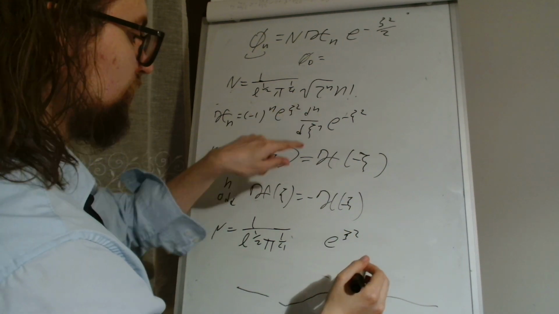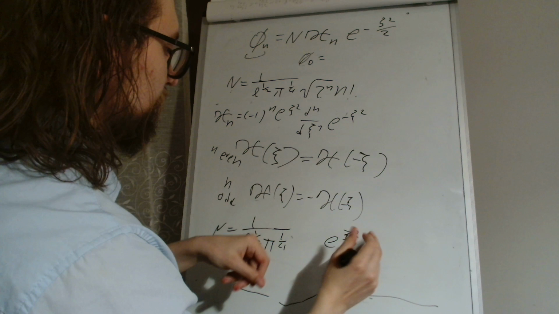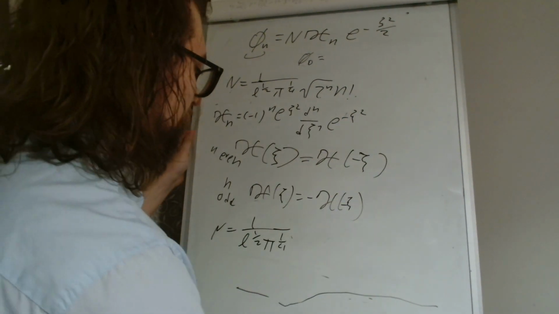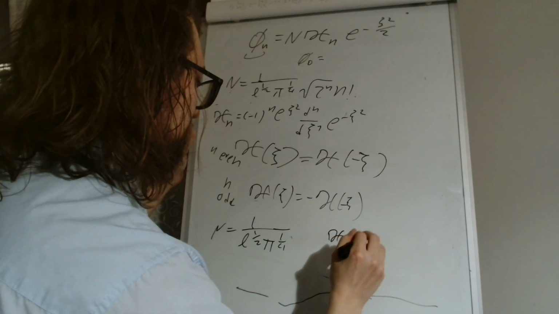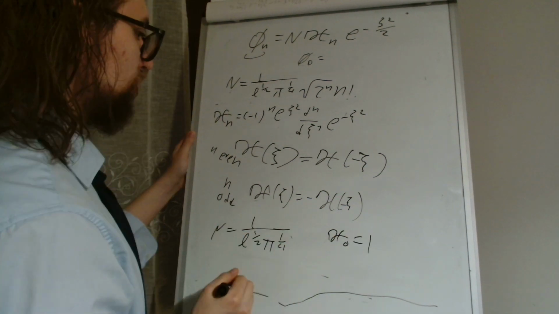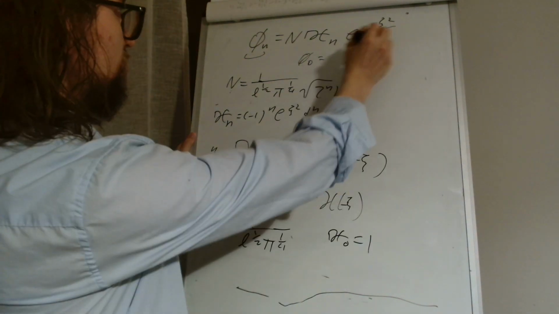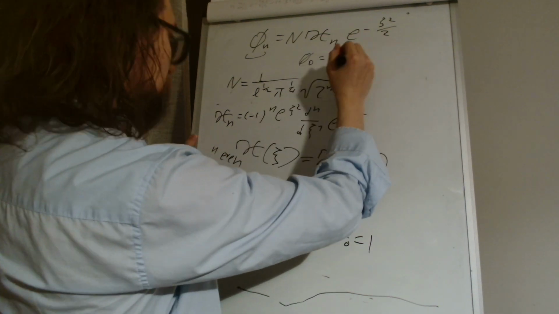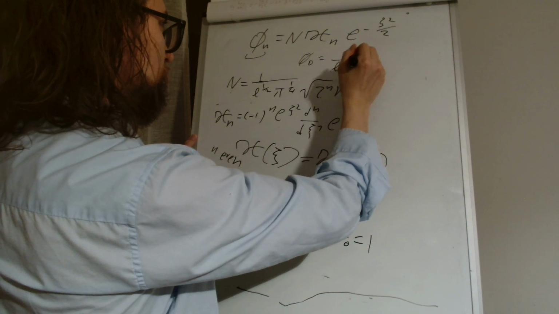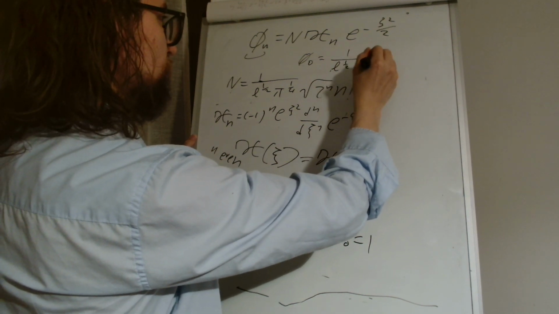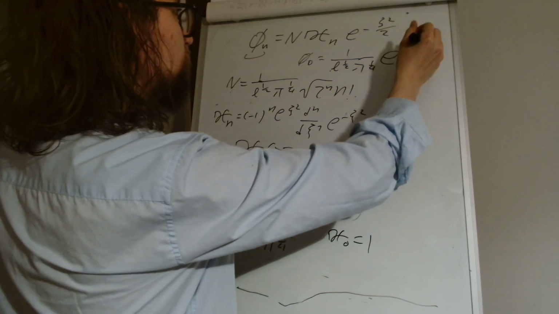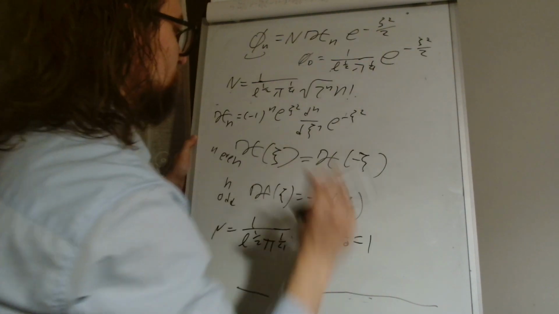This is the zero derivative, so the function itself, which is the inverse of this. So H0 is 1, and so phi 0 is 1 divided by L to the 1/2 pi to the 1/4 times e to the minus c squared divided by 2.